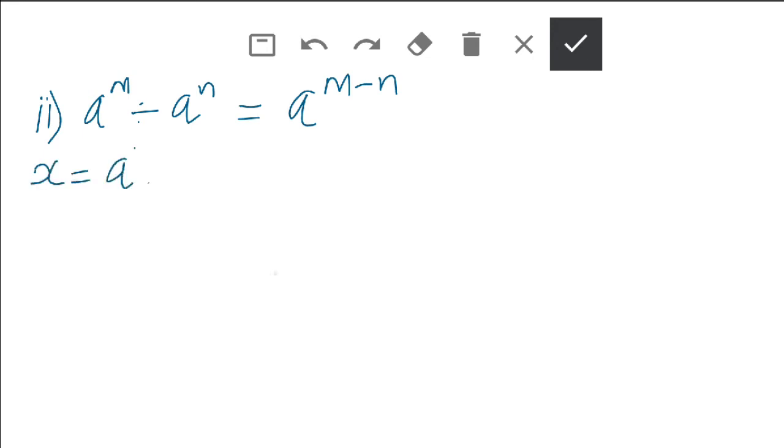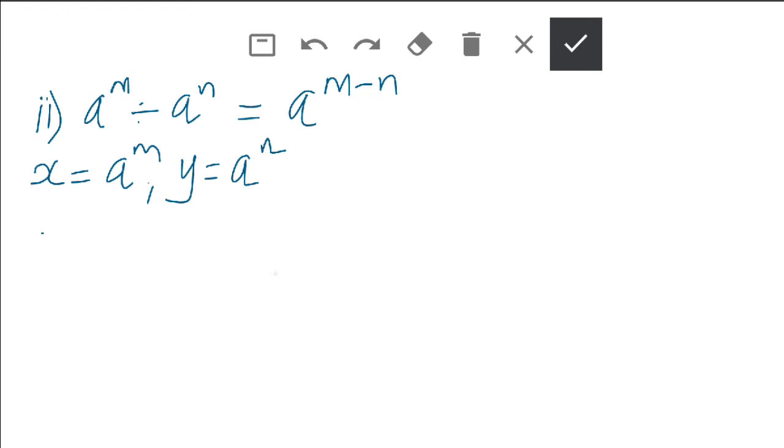Now to prove the quotient rule, we are considering the equation a to power m divided by a to power n, and we know that this is basically the same as a to power m minus n. So let a to power m be represented by x, and y represents a to power n.